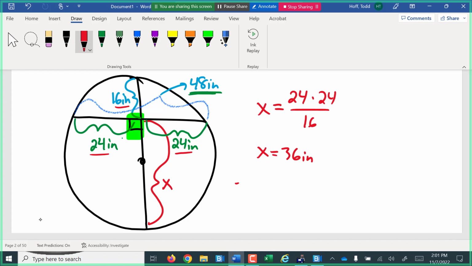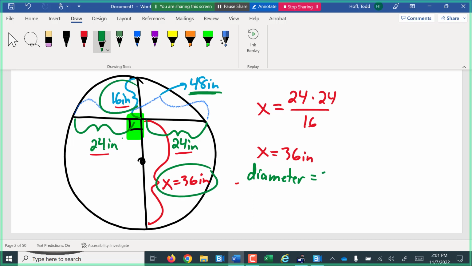So that's 36 inches, which tells us the diameter of our circle has to be 36 plus 16, or 52 inches, which of course would make the radius half of 52, or 26 inches.